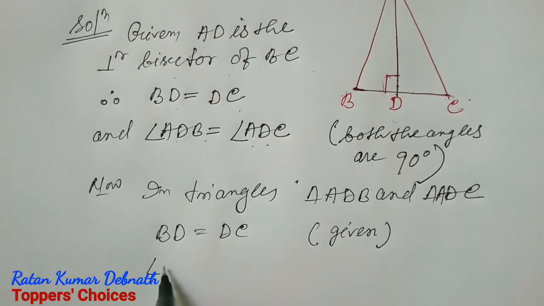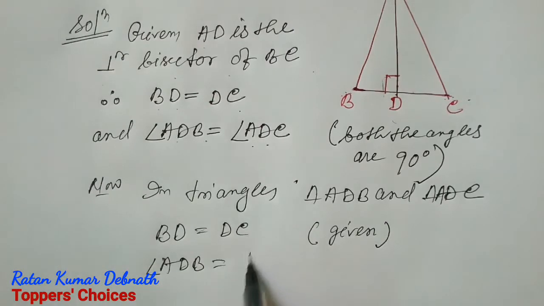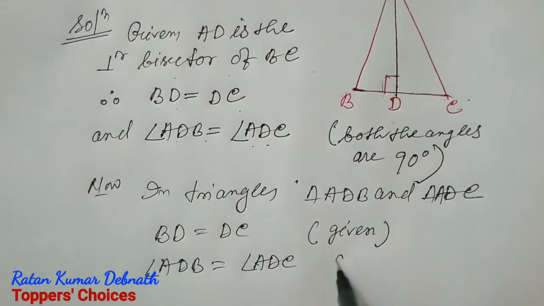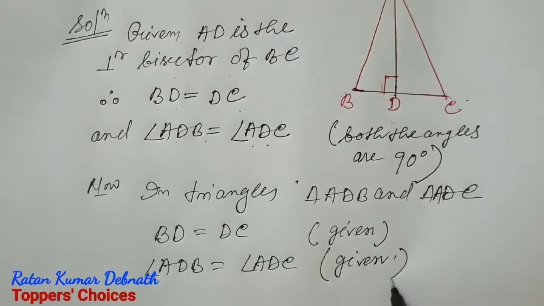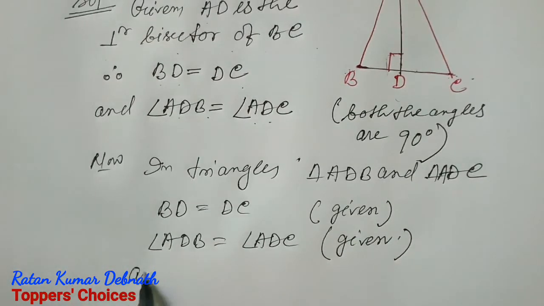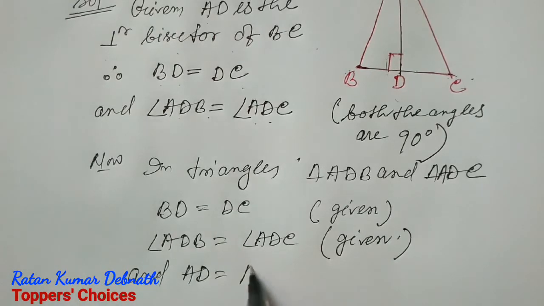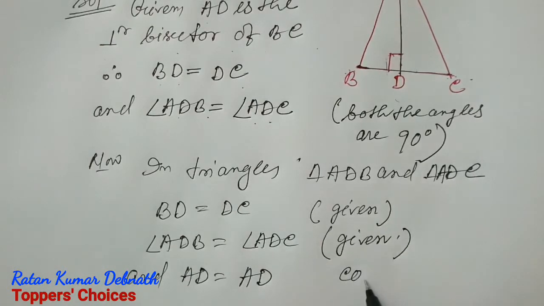Angle ADB equal to angle ADC, which is also given, we have written it earlier, and AD equal to AD, that is common to both the triangles.